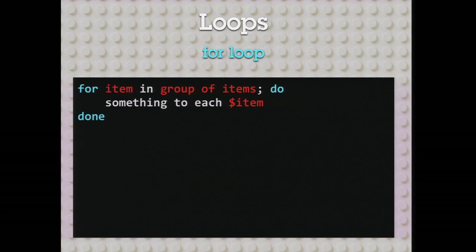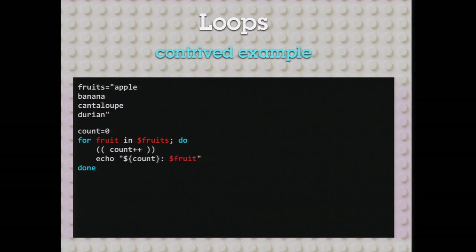Okay, let's dive into an example. Let's define a list of fruits. This is a multi-line variable, which a for loop can move through line by line. Let's return the list of fruits, but add a number corresponding to its place in the list before it prints it out. See how I use mathematical expansion inside the loop, but I defined the count variable outside the loop.